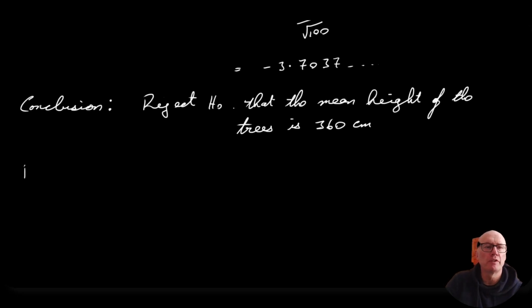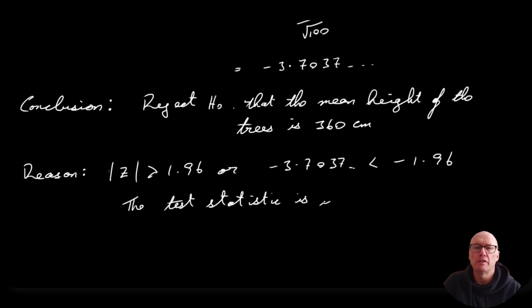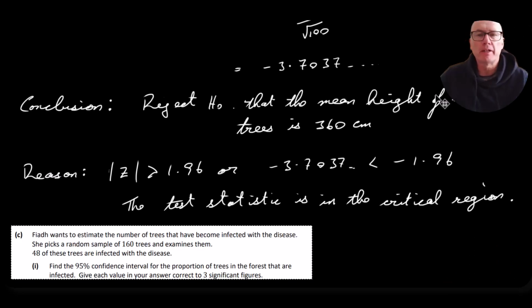The reason for that is that the modulus of our Z, our test statistic, is greater than 1.96, or you could say minus 3.7037 is less than minus 1.96. So the test statistic is in the critical region. That's it. Okay, let's look at part C.